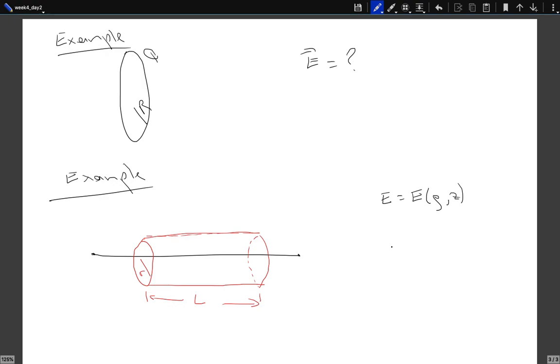For this surface, E dot dA over the closed surface will again be lambda times L over epsilon 0. This will not change. This is just Gauss's law. Gauss's law is always correct. But I cannot use this equality to determine what the electric field is. It is still true, but not of much use.